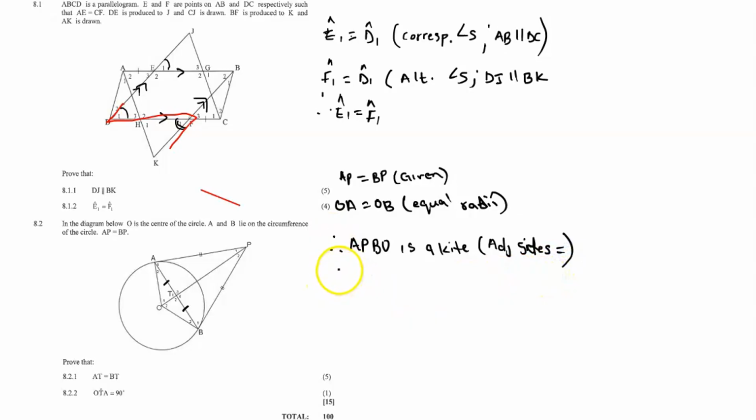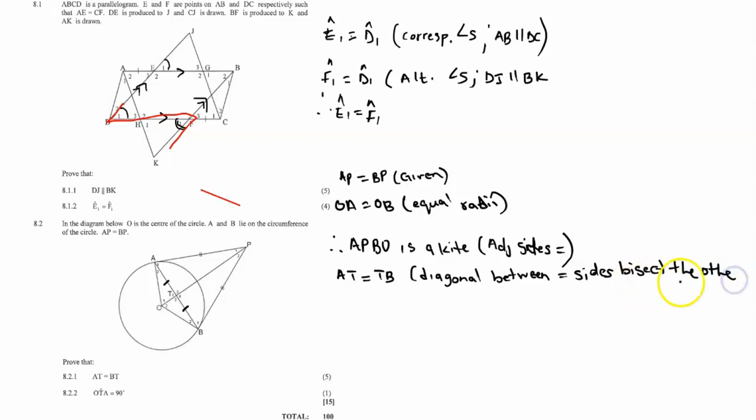Therefore, AT equals TB because the diagonal between equal sides bisects the other diagonal. Done.